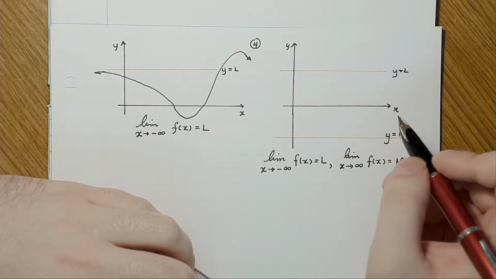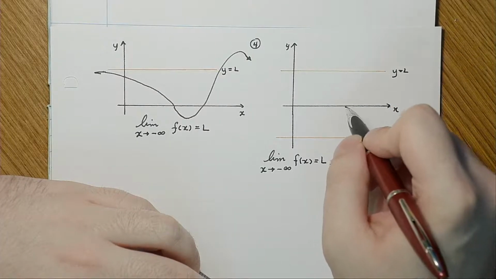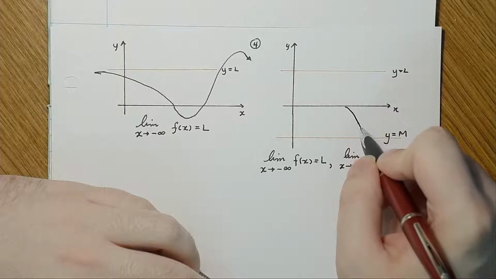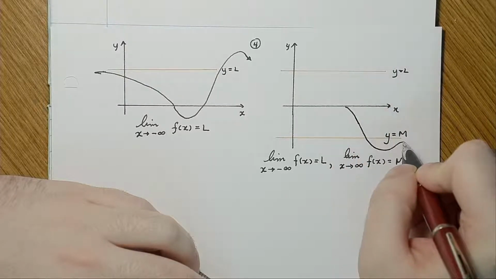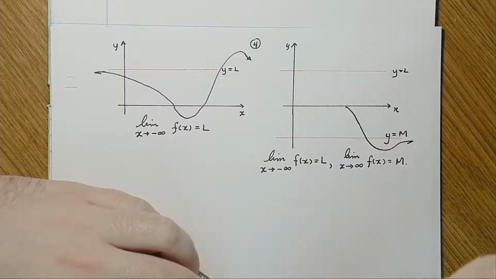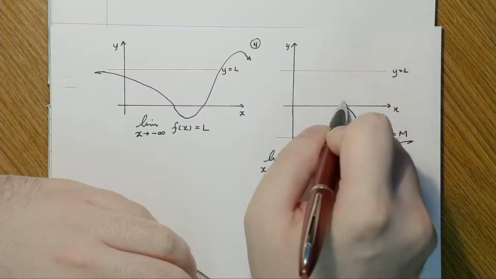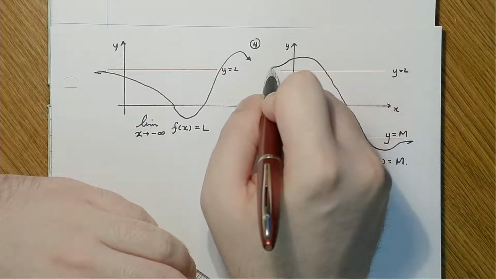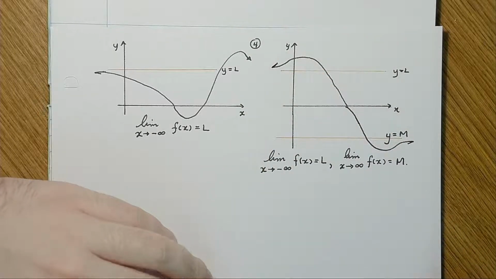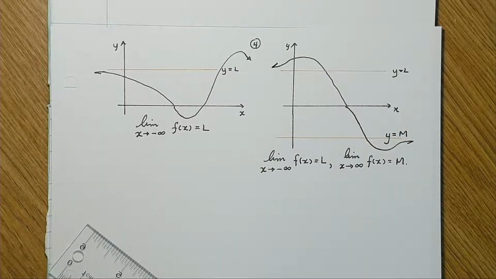So what I can do here is I could say, oh, gonna cross it and then come back and slowly approach it. I could also go something like this, slowly come back down, something like that. So yeah.